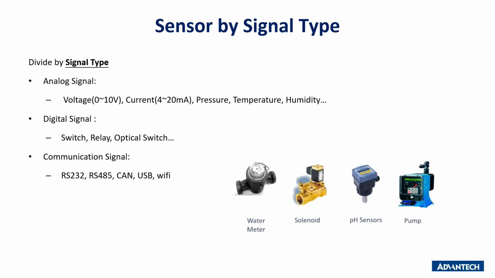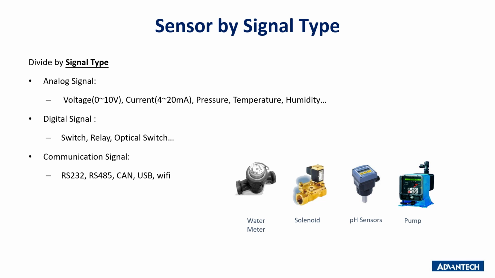In this chapter we will use signal type to divide the sensors. These include analog signal, digital signal and communication signal. The analog signal is one kind of continuous signal, like voltage signal 0 to 10 volt, current signal 4 to 20 milliampere, pressure signal, and so on.